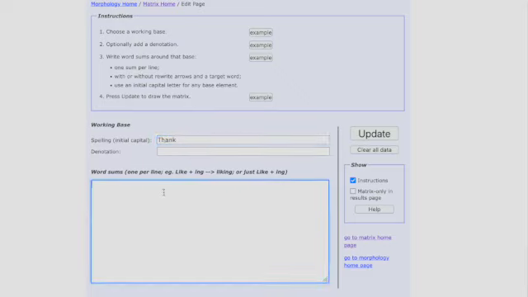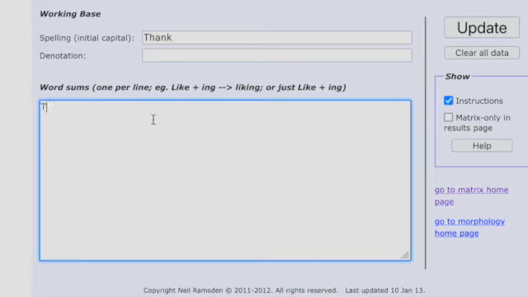We can do our think, and I capitalized the T to make sure that this gets bold in the matrix, where it's just common practice that all the bases are in bold font, and you get that by capitalizing the first letter.